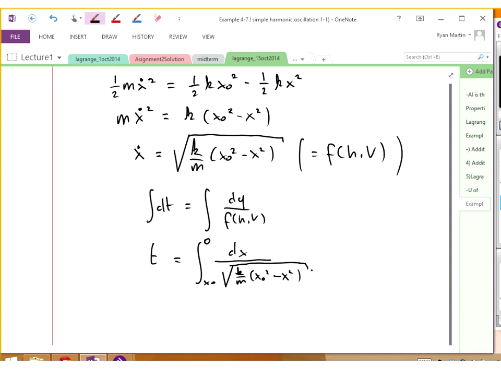So we have to decide on the range of integration over x. If we integrate from x naught to 0, that's actually a quarter of the period, right?